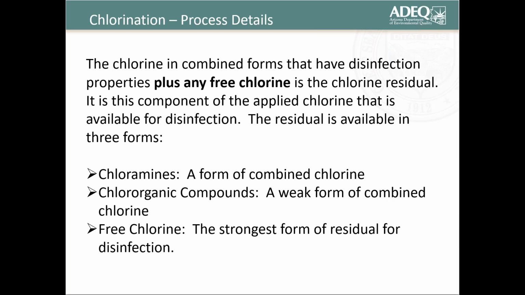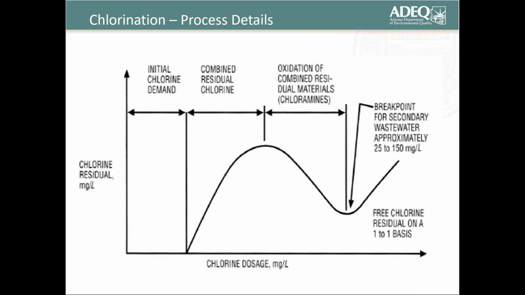So now we want to look at this chemical process in a graphical form. Let's look at this in more detail. On the y-axis, we have the chlorine residual as it goes from 0 on up. And on the x-axis, we have the chlorine dosage, so it goes from 0 on up.